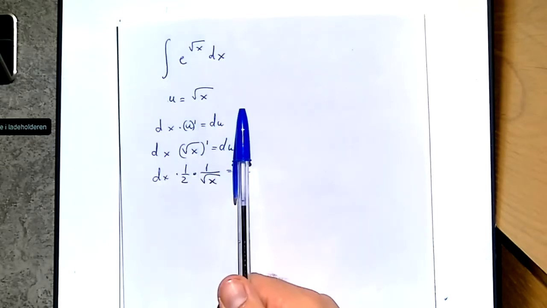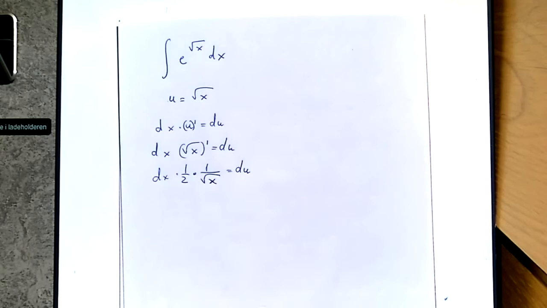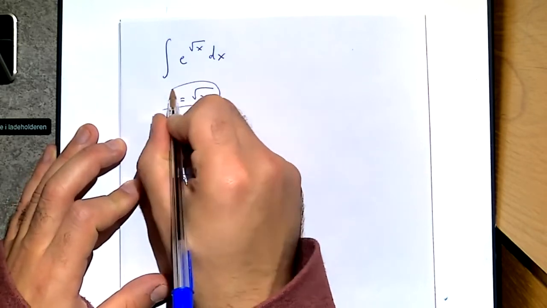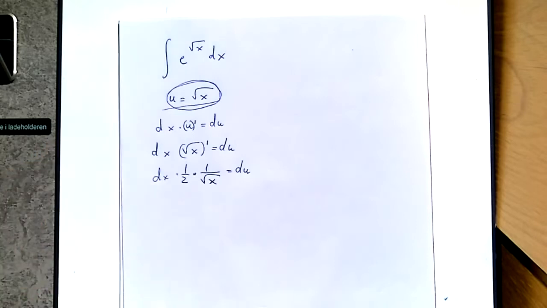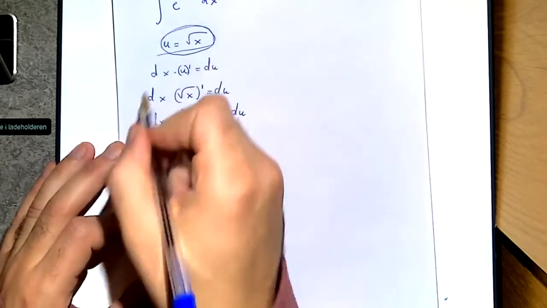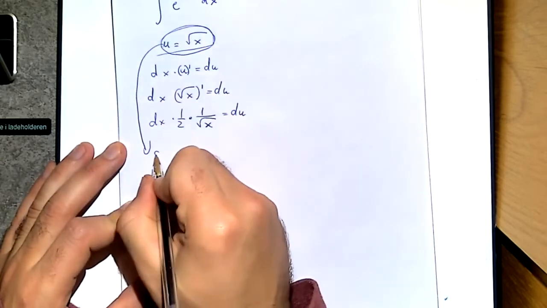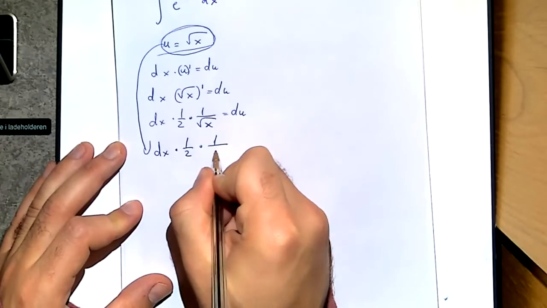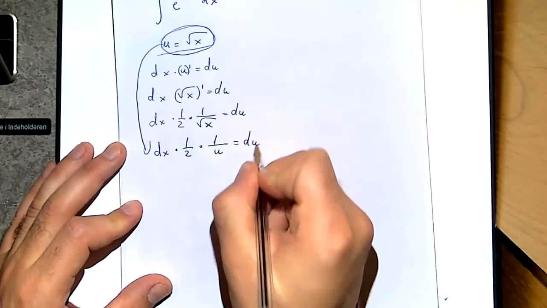I don't see any square root of x here, so where do I get it? You can't, but you can make the observation that square root of x is equal to u. So using this, I can just write dx multiplied by a half multiplied by 1 over u is equal to du.